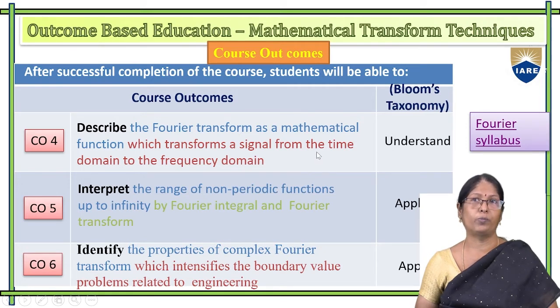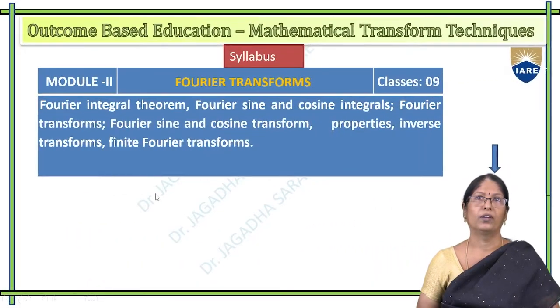Understanding level questions will be dominating in CO4, Fourier integrals and transformations of non-periodic functions will be dominating in course outcome 5, and properties oriented questions will be dominating in course outcome 6. We can see the syllabus once again. Here, the simple, understanding level questions are CO4, non-periodic functions CO5, and properties oriented CO6.